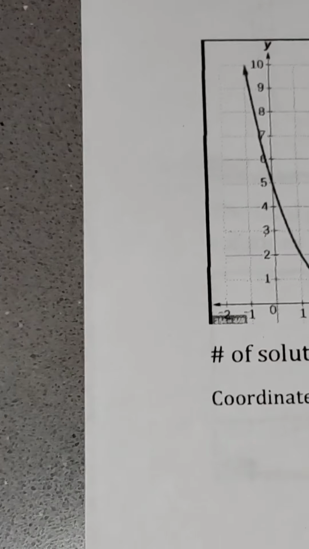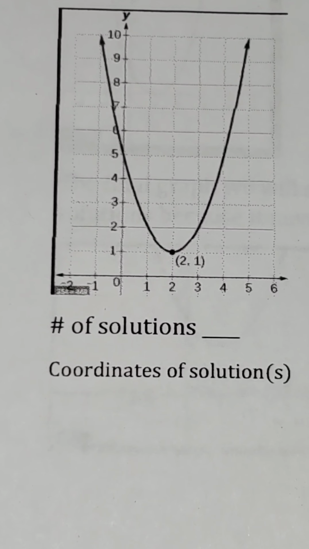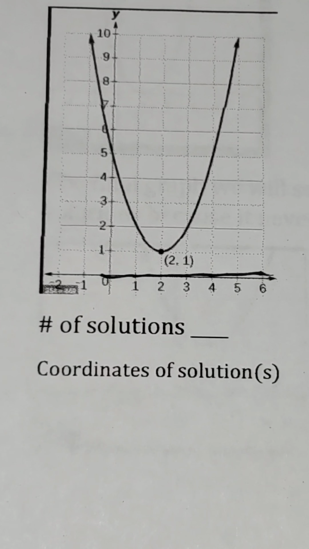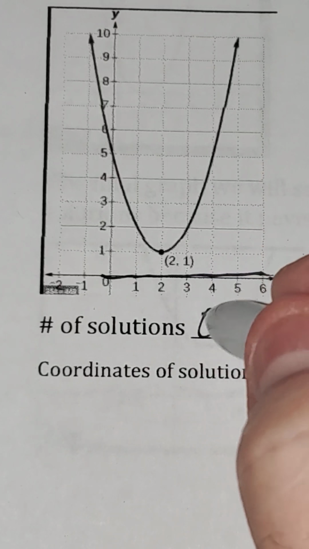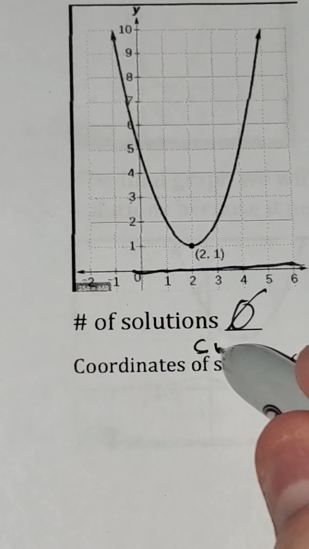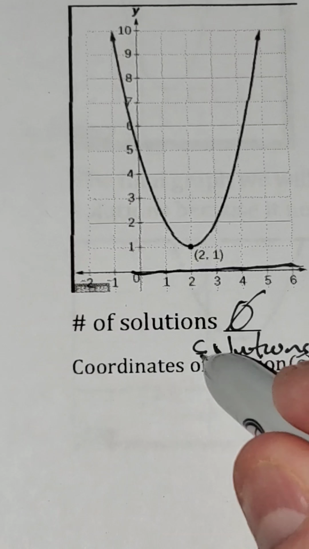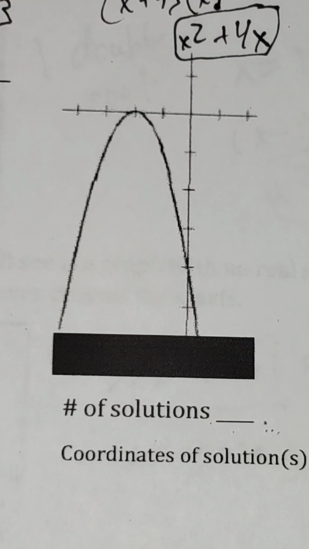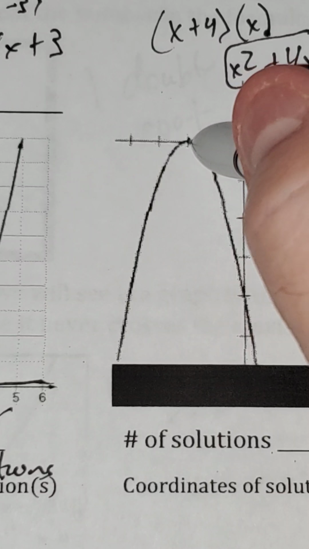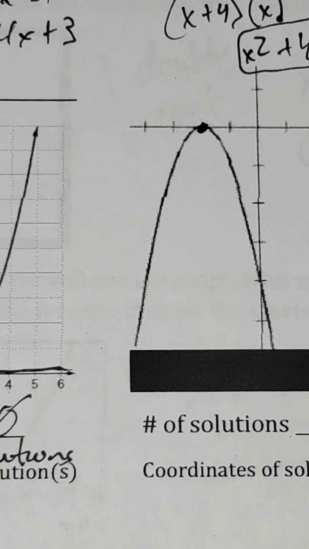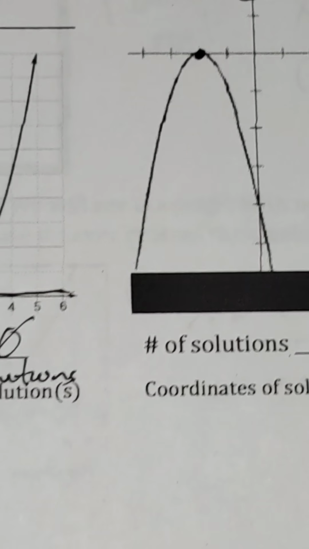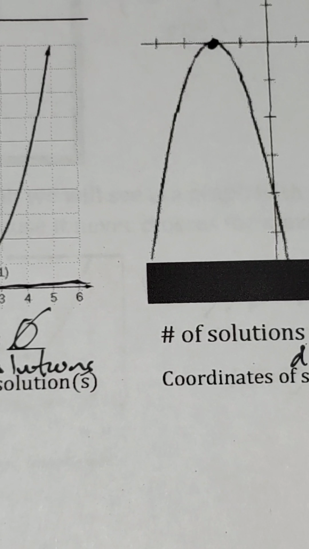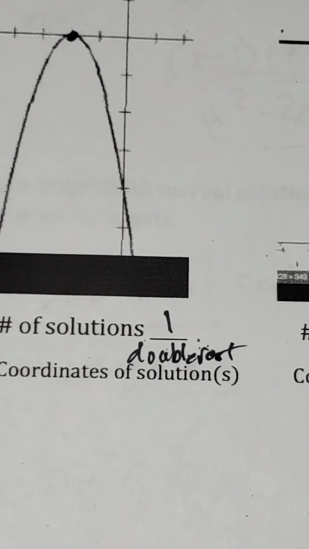This one down here, oh brother, we are not touching the x-axis at all. Therefore, we have no solutions. And there's no need to give coordinates because there's no solutions. This last one, oh hey, it's got another root right on the axis. So you should have said this was one double root if you got that detailed with it.